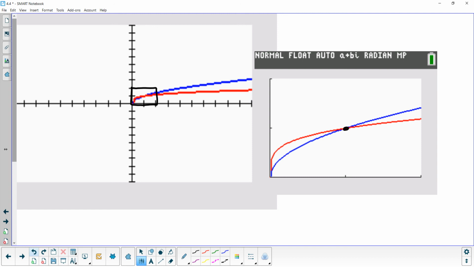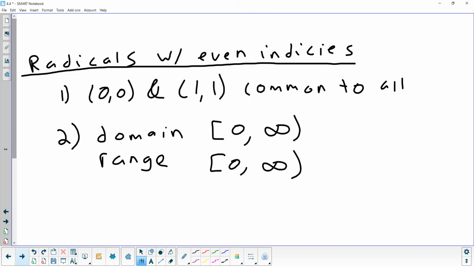And does anybody see another point that they both go through? Yep. They both go through 0, 0. In fact, those are points that are common to all even roots, unless you transform them. Okay. So 0, 0 is a point. 1, 1 is a point.